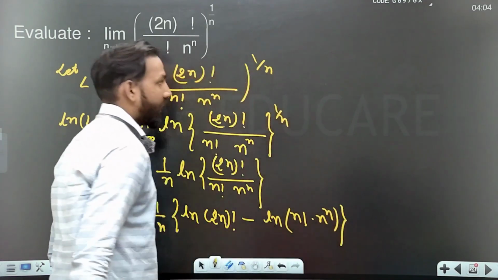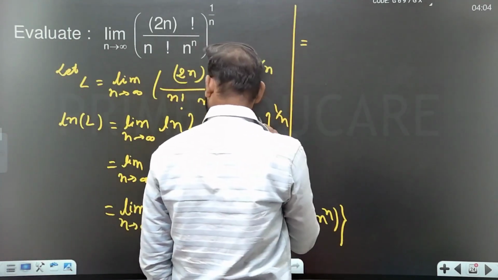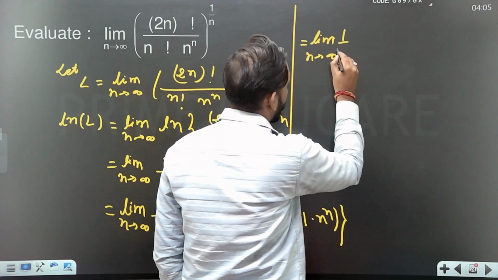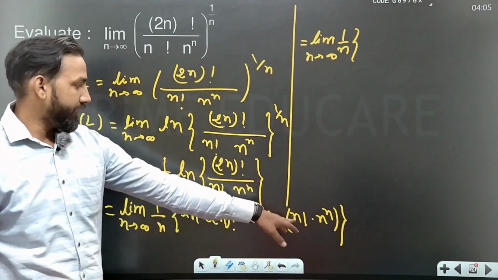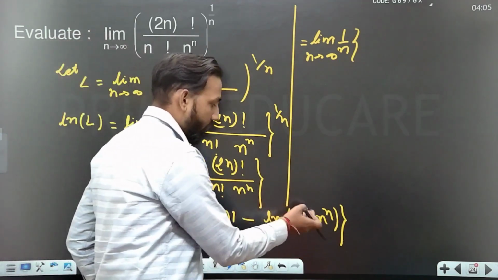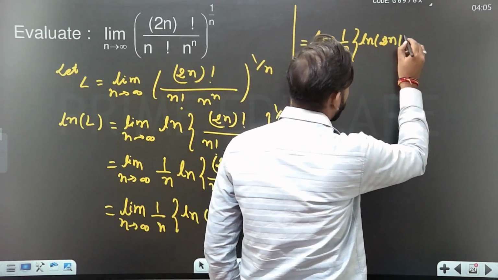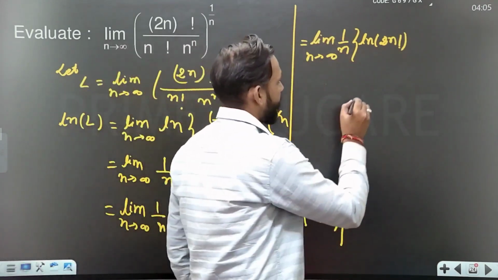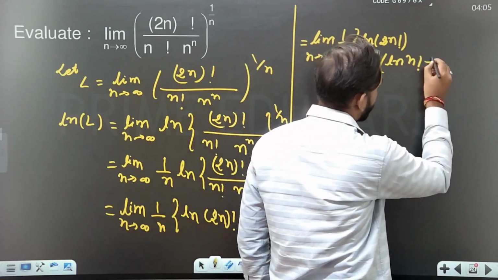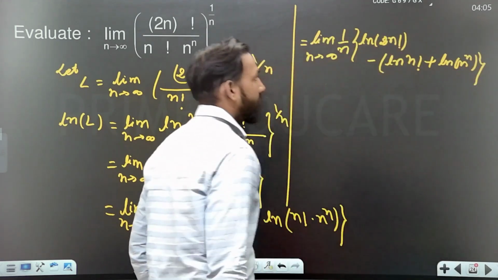That's it, and moving forward, equal to limit n tends to infinity 1 over n, and again we have a rule which we divide this as an addition, because this is m into n: ln factorial 2n, clear, then minus of ln factorial n plus ln of n to the power n. Is it clear?